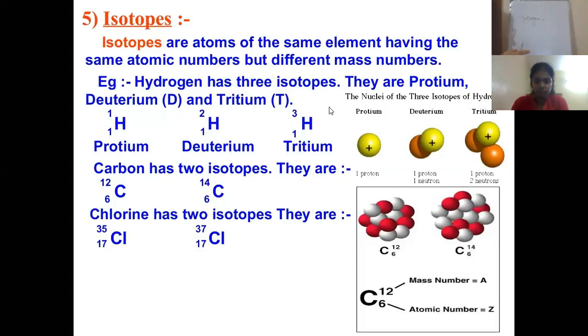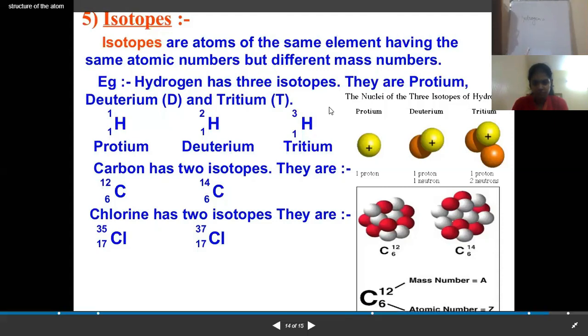As you know, the mass number is the combination of protons and neutrons. In a neutral atom, the number of electrons is always equal to the number of protons. Then where does the difference arise? The difference arises because of the difference in neutrons.